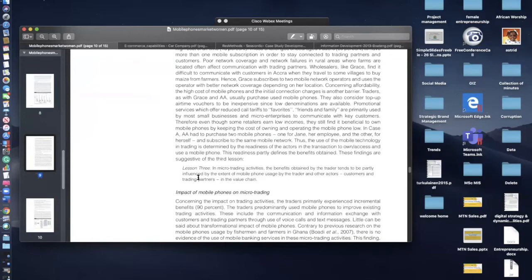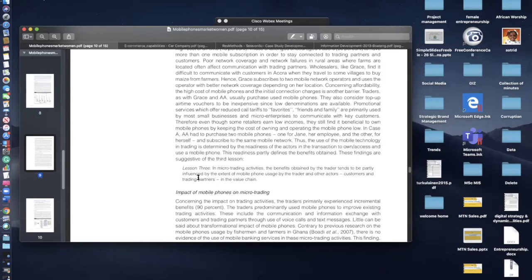We are not saying that in all activity. We are saying in micro trading activity, because in this particular study we are looking at micro trading activities. So our conclusion here should be on micro trading activities, not on all business activities. Number two, we are saying that the benefits obtained by the trader tend to be influenced by the extent of mobile phone use, like the intimacy of use by the trader and the actors, that's customers and trading partners in the value chain.